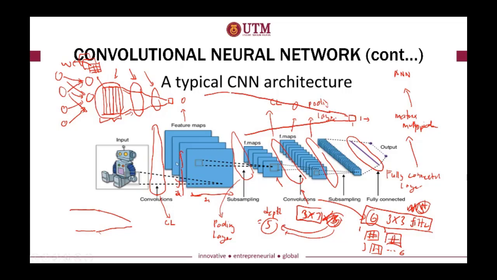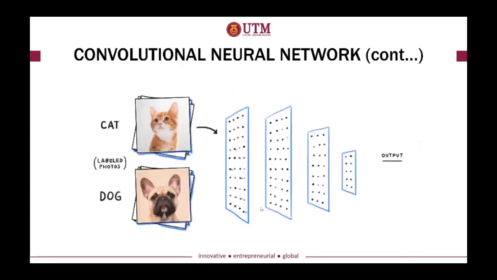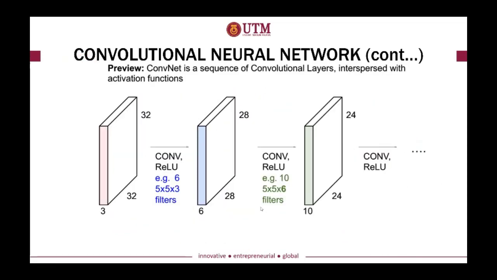So that's why these pictures just show you a subsampling, because in my opinion, subsampling represents both. It doesn't matter whether it is a pooling layer or dropout layers, but in our syllabus we just cover pooling layers.